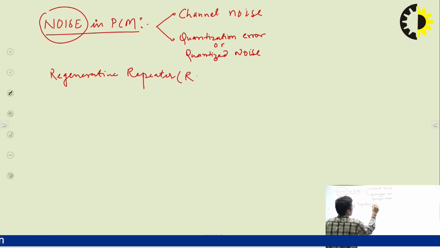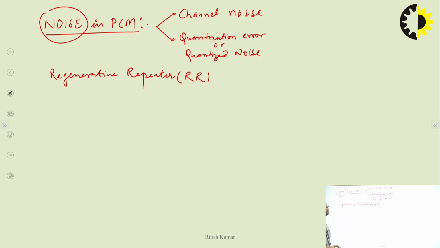Also called RR, it eliminates the channel noise and amplifies the signal strength as well. So while using the regenerative repeater after the channel, we can improve the SNR as well. Channel noise can be removed with the help of RR, while the quantization error or quantization noise cannot be removed after passing through the channel.